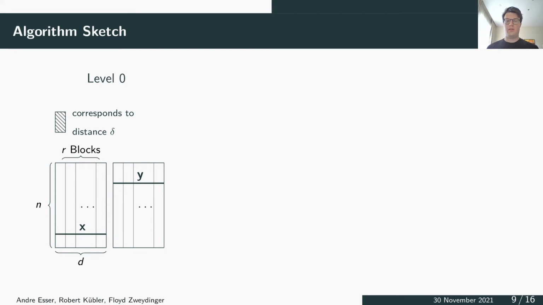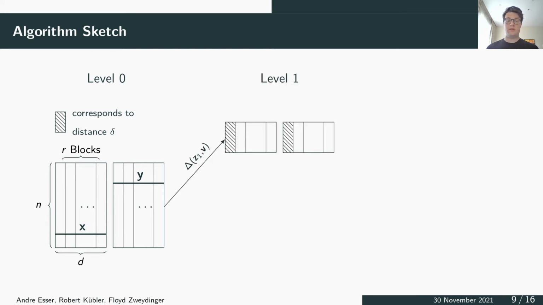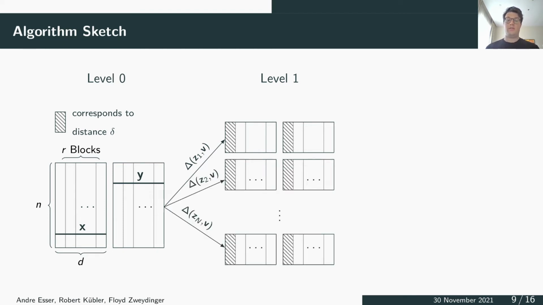The first thing our algorithm then does is applying our first filter function, namely the distance to a randomly selected element Z1 on the first block. This filtering is then, as in the LSF approach, repeated for n different randomly selected elements Zn.